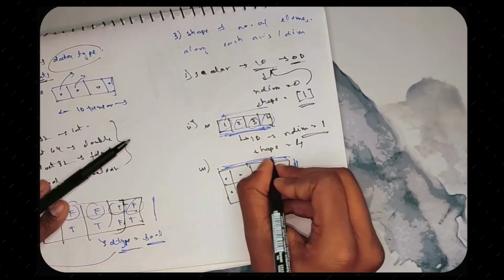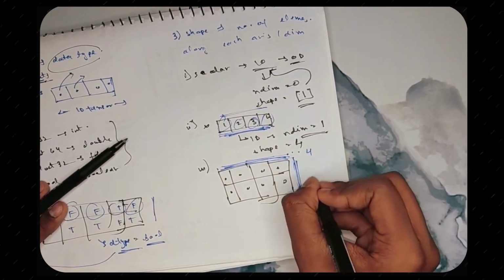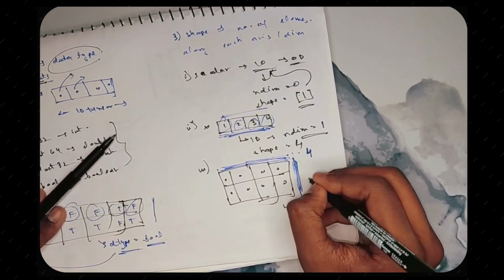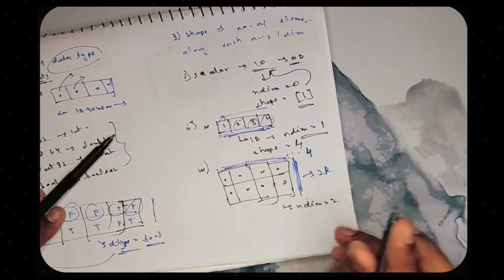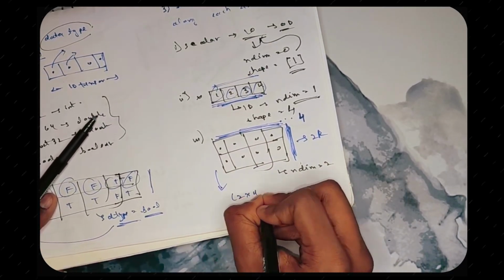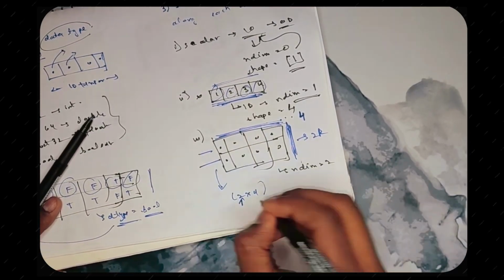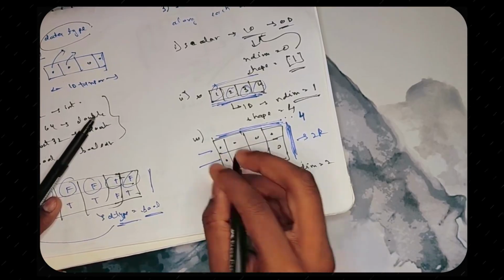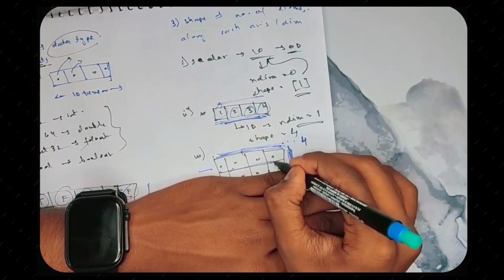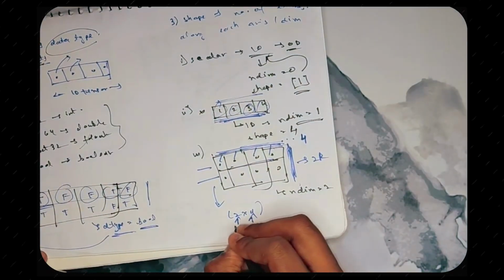Across this dimension there are 4 elements or 4 columns, and across this dimension there are 2 rows. So you can think of its shape as 2 cross 4. It has 2 rows, and across each row there are 4 elements. That's why its shape is 2 cross 4.